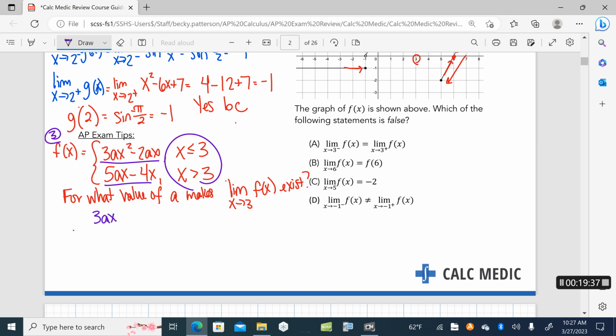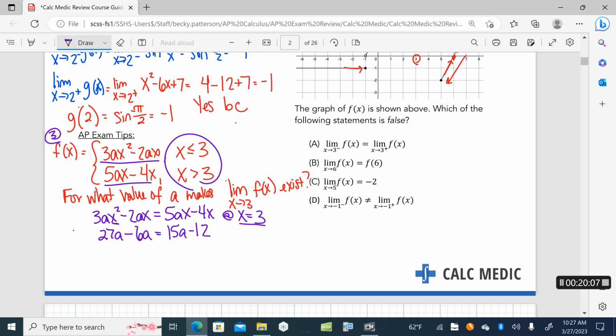So 3ax squared minus 2ax must equal 5ax minus 4x at x equals 3. Well, if x equals 3, I'm going to plug 3 in and just solve for a. So if I plug in 3, that's a 9, so that'd be 27a minus 6a equals 15a minus 12.